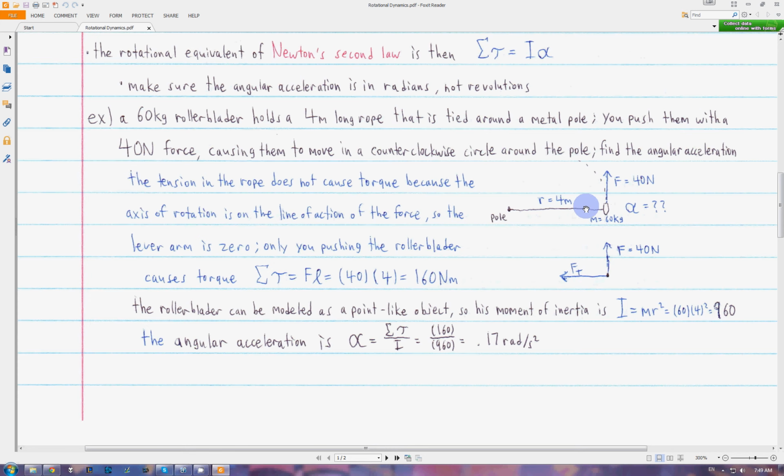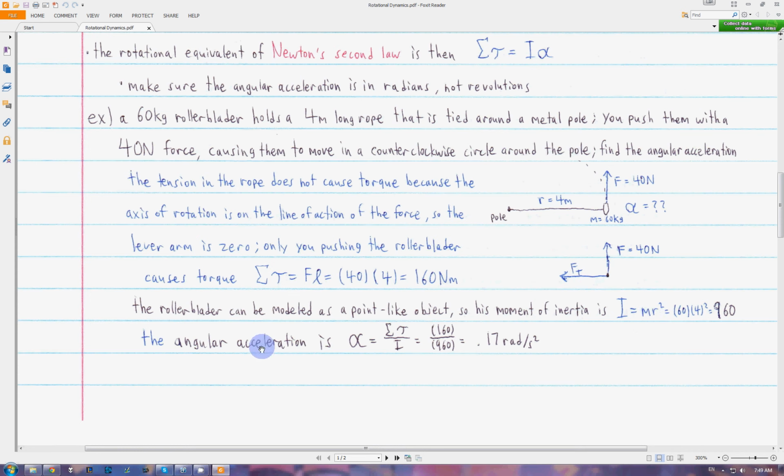So his moment of inertia is just mr squared. He's 4 meters away from the axis of rotation, so his moment of inertia is 960. And the units of moment of inertia are just kilograms times meters squared.